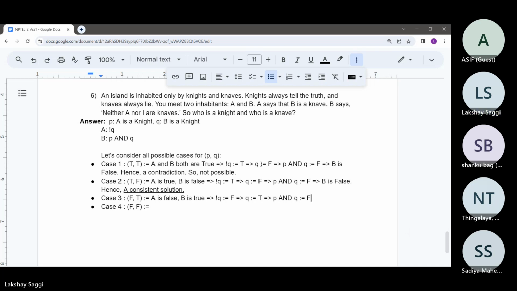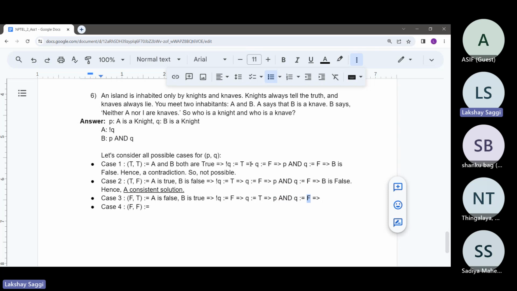So, does this make sense? So what we have obtained here is that B is actually false. So we have come to the conclusion that P and Q, where P was false and Q was true, comes out to false.